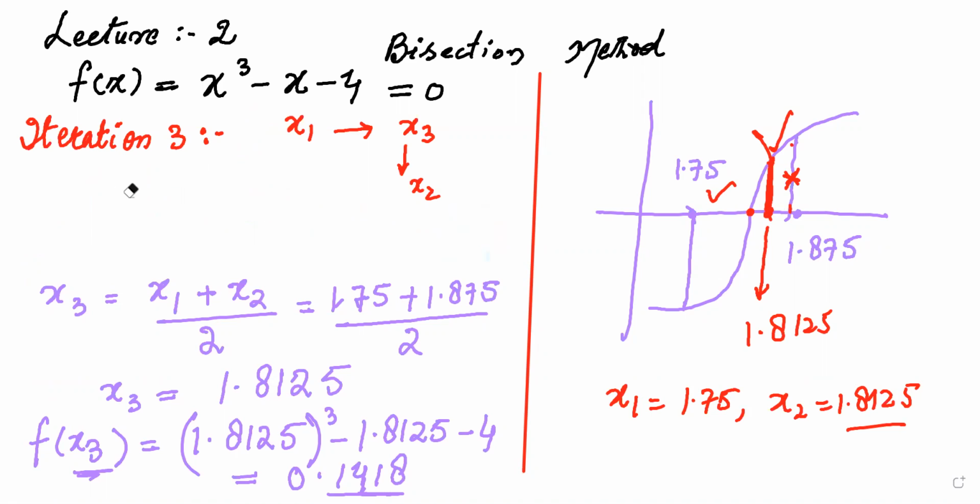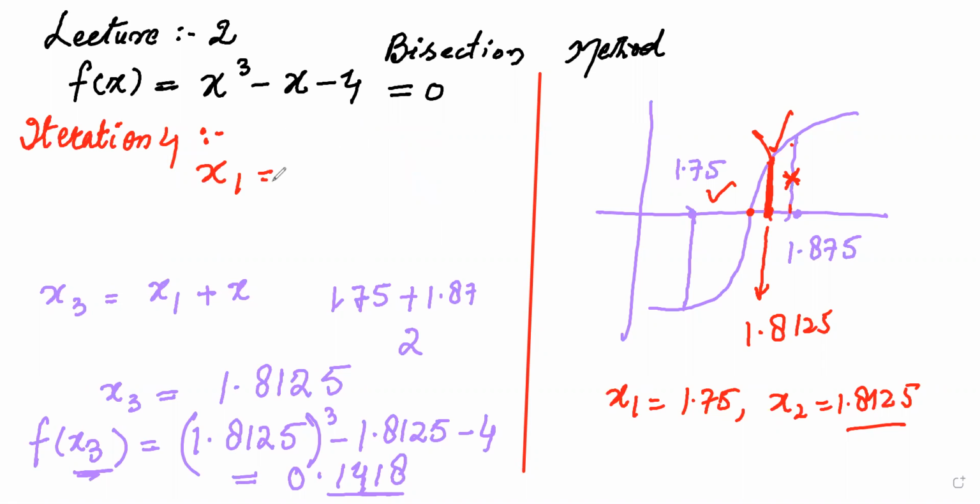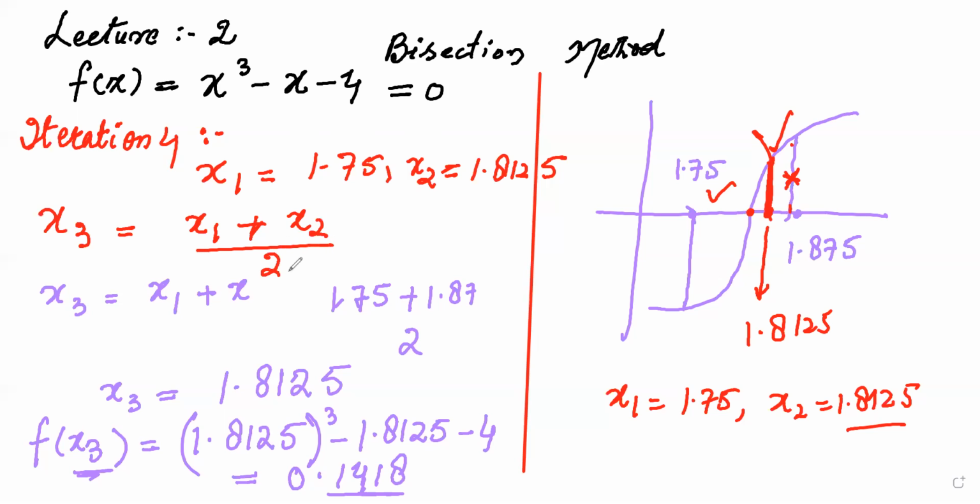So now we will have iteration number 4. In iteration number 4, the value of x1 is equal to 1.75 and the value of x2 is equal to 1.8125. Now I will find the value of x3. x3 is x1 plus x2 divided by 2.